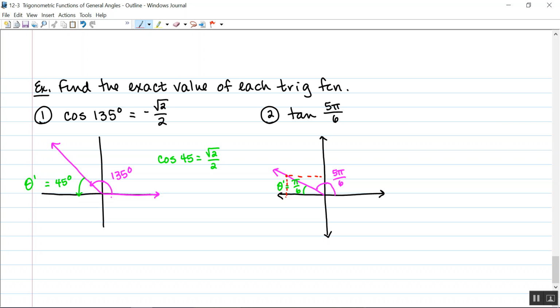Then I realize that this distance here is the longer of the two, so that's going to give me this point here of negative square root of 3 over 2, and it's going to give me this point here as 1/2. So tangent is y over x, so 1/2 over a negative square root of 3 over 2, which gives me a negative square root of 3 over 3.